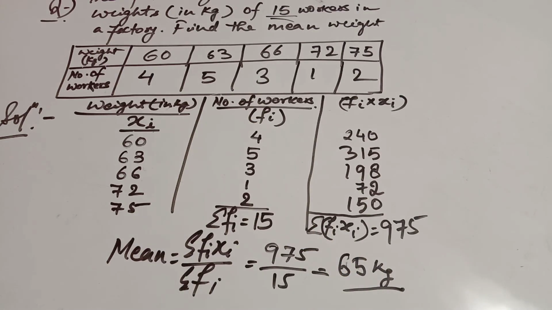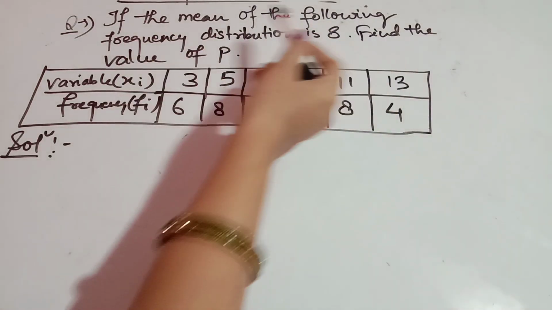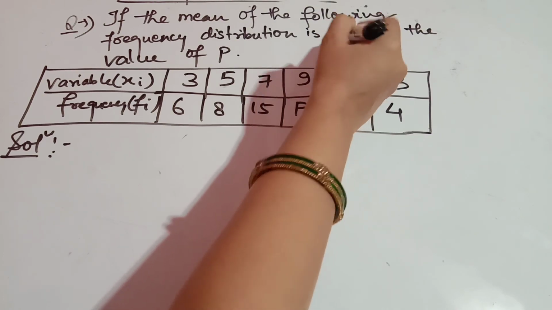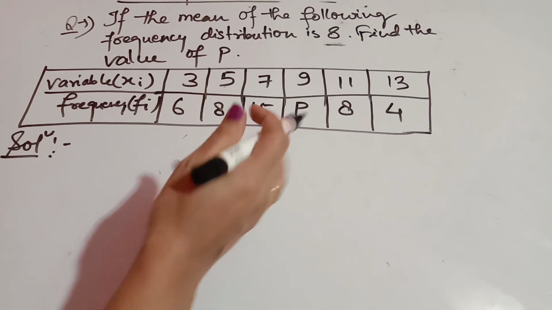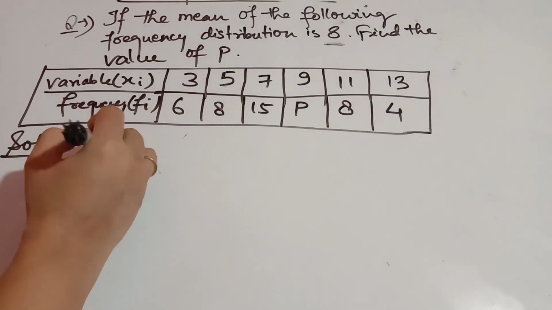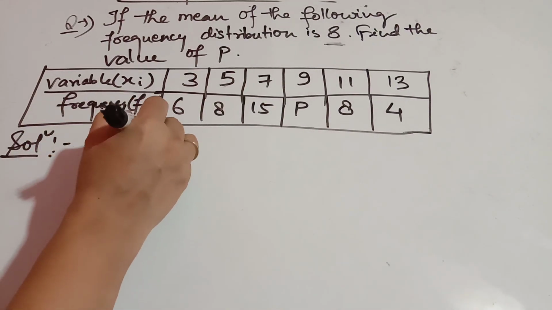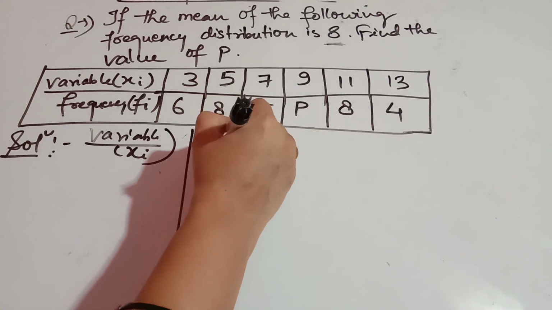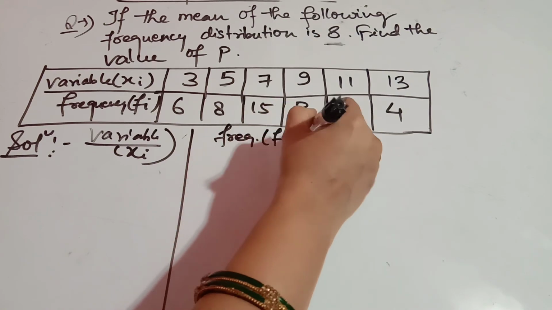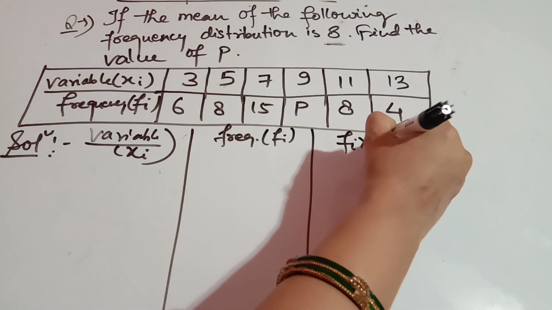Now in a few questions, one or two terms are missing in the table. In that case the mean is already given, and you have to find the missing terms. The question: the mean of the following frequency distribution table is 8, find the value of p. One frequency is missing here. First make the table with your variable xi, then frequency fi, and then fi into xi.